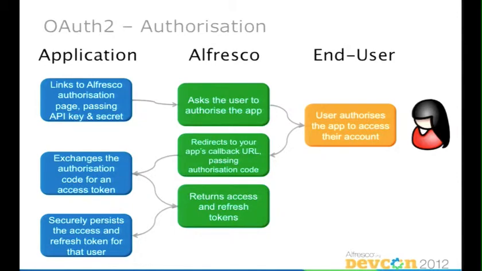And this is fully automated. So you can see the user doesn't see any of these flows. Technically, however, they are actually occurring behind the scenes. This is actually an HTTP post. So you're doing an HTTP post to the Alfresco service and you're upgrading or converting or exchanging your authorization code for two things, an access token and a refresh token.